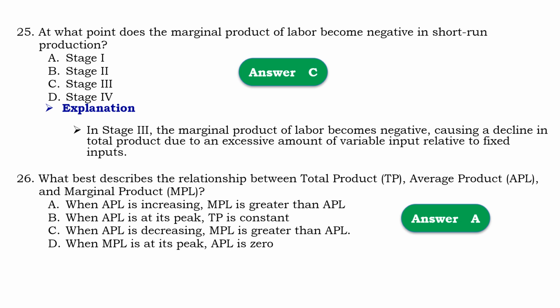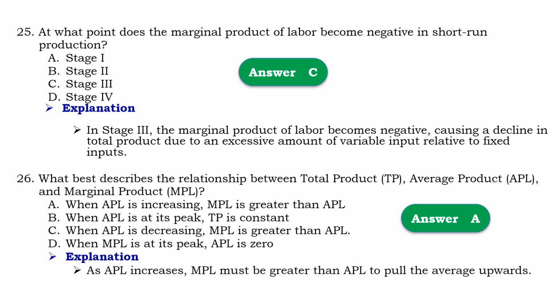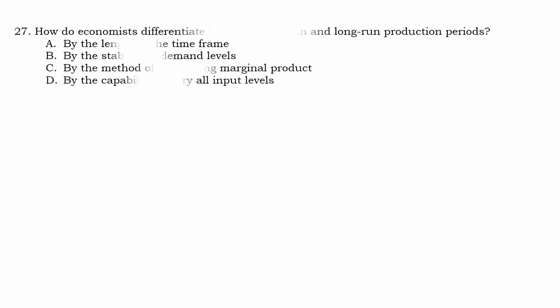That should be A: when average product of labor is increasing, marginal product of labor is greater than average product of labor. It means that as average product of labor increases, marginal product of labor must be greater than average product of labor to pull the average upwards.